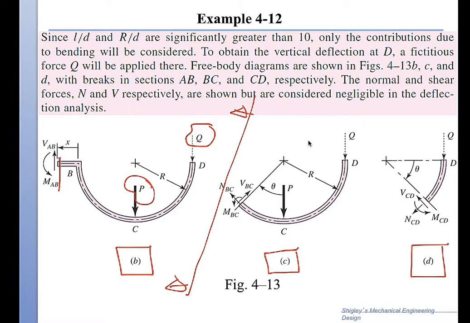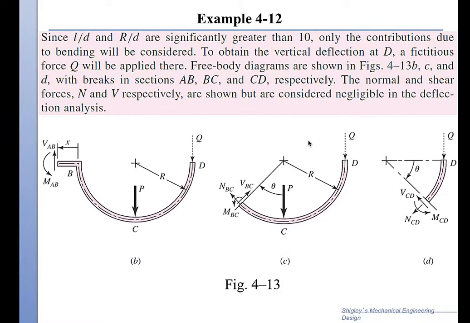And then when you take a cut on the straight section, you have to introduce internal forces that will equilibrate the external. So the external are Q and P. The internal would be a vertical shear force, VAB, and a moment, MAB. So these two will equilibrate both Q and P.